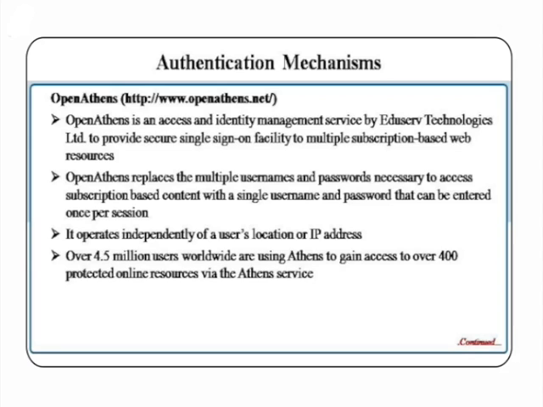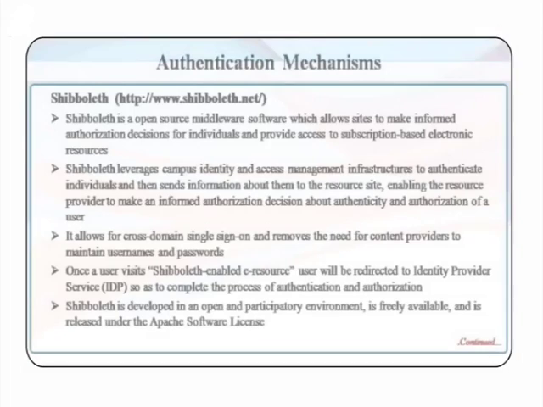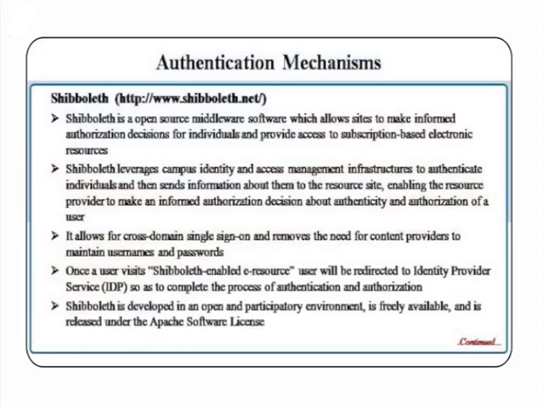At present, over 4.5 million users worldwide are using Open Athens to gain access to over 400 protected online resources via Athens service. On the other hand, Shibboleth is an open source middleware software which allows sites to make informed authorization decisions for individuals and provide access to subscription-based electronic resources.